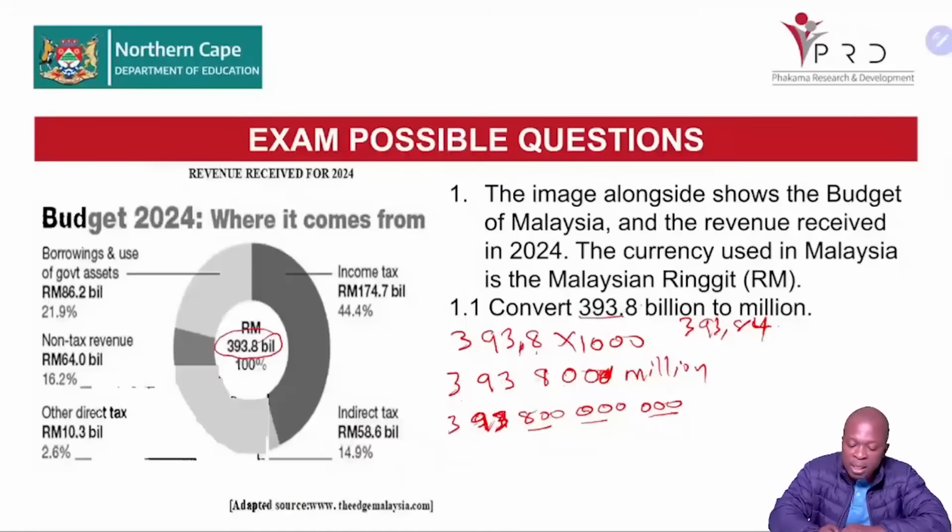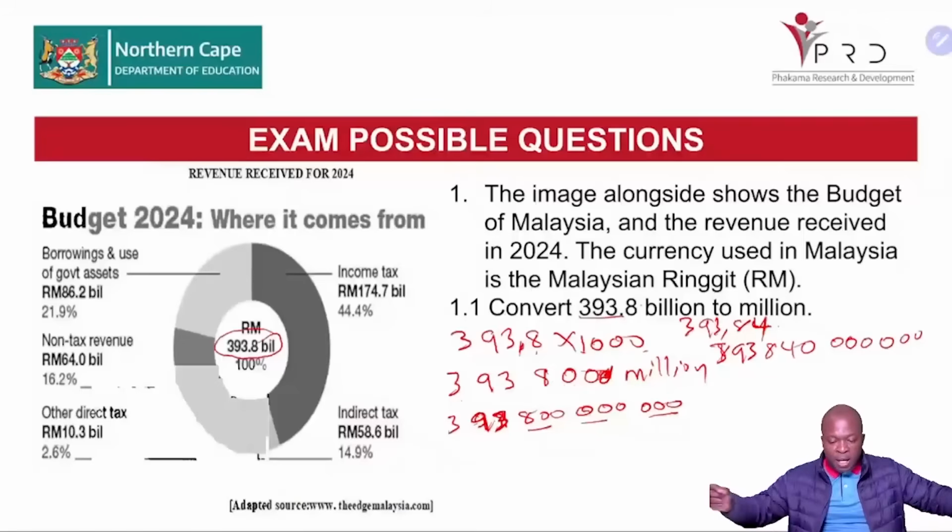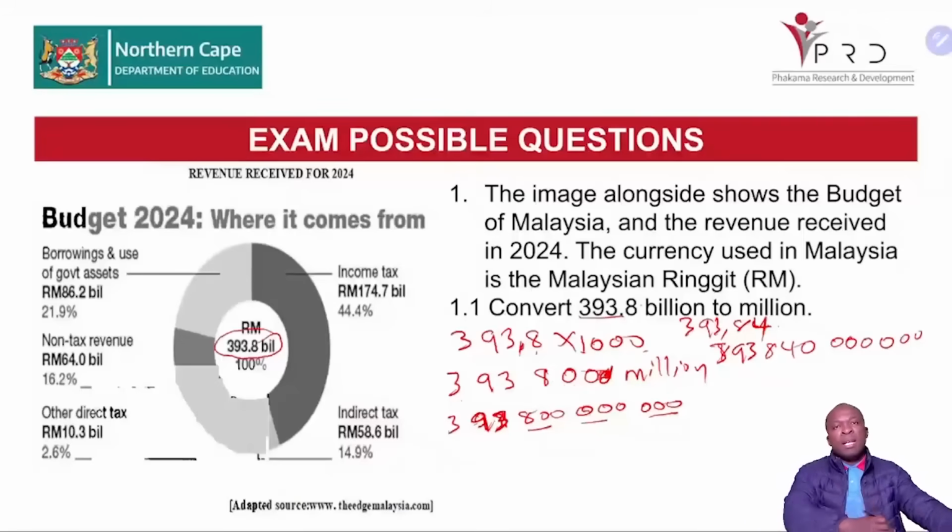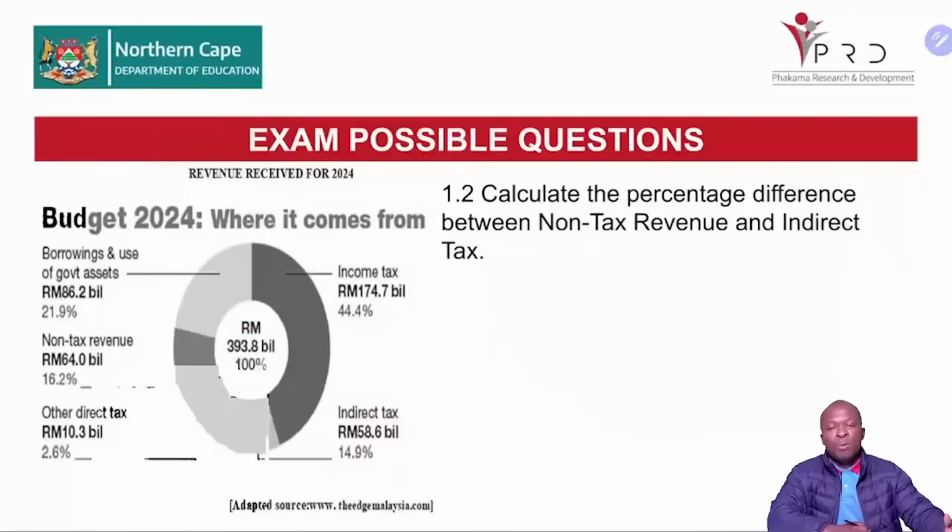Because we said multiply by 1,000, but when you are writing it, it's going to be 393,840. Then we add million, 1, 2, 3, 1, 2, 3. This is how you write it in full from billion to million. Let's look at the next one then.